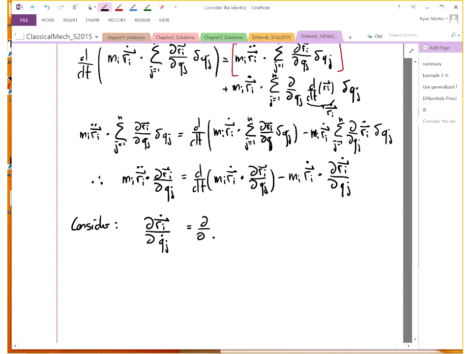That's the same as saying ∂/∂q_j dot times d/dt of r_i vector. So that's the same as ∂/∂q_j dot times, now remember, r_i is a function of the q's.